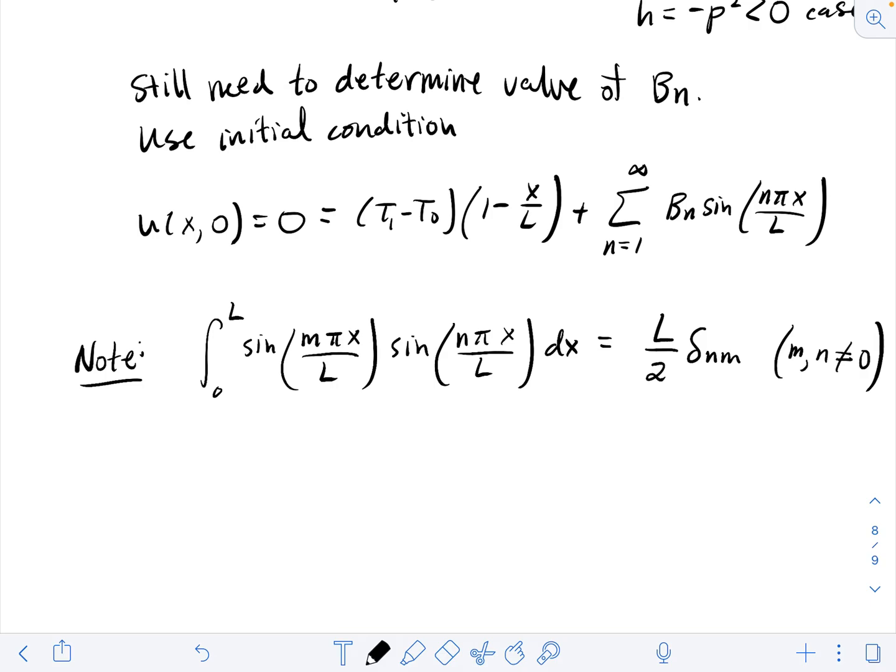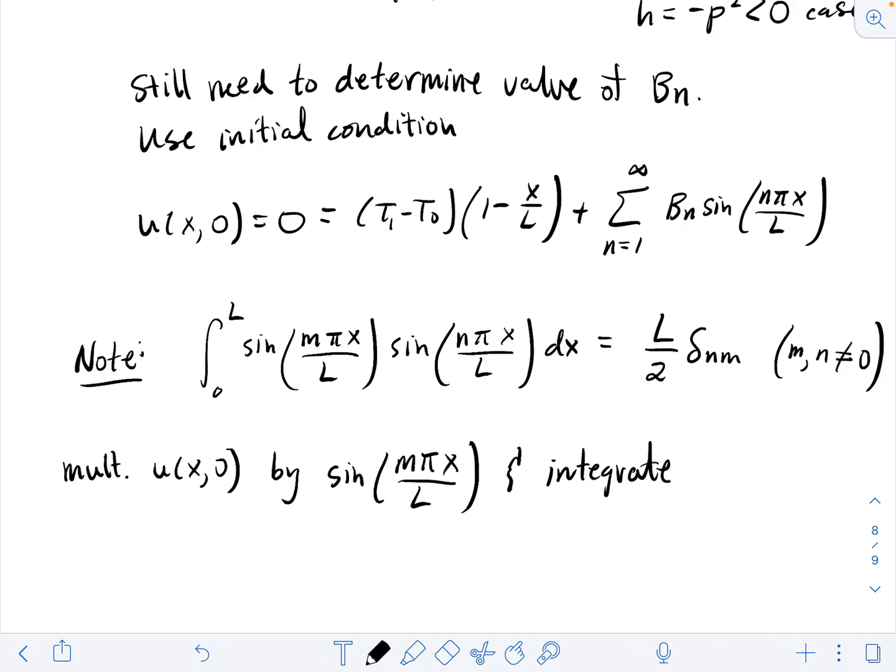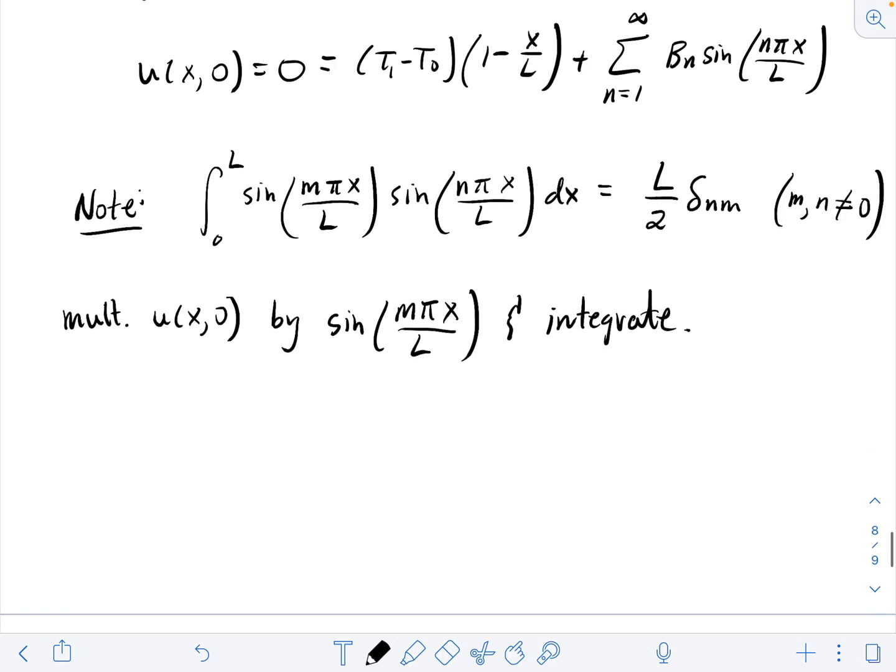So what I want to do is multiply u of x, 0 by sine of m pi x over L and integrate. Let's do that. u of x, 0 has to be equal to 0, so what we're going to end up with is, I'm going to multiply by 2 over L and the sine mx.